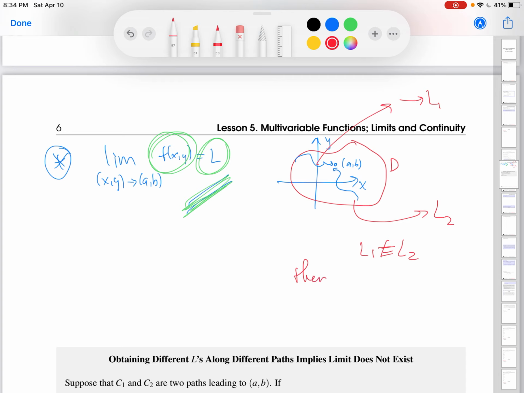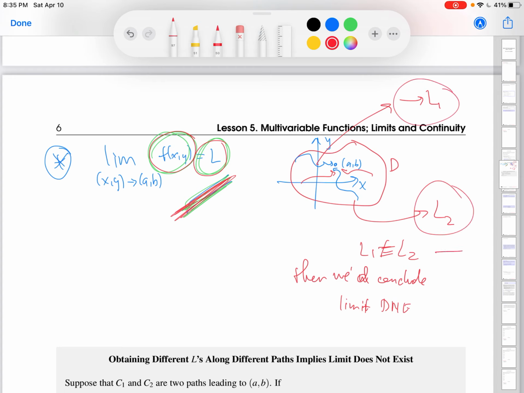Then we'd conclude that the limit does not exist. Because again, this is a very strong condition. It says along every single path, the z values have to tend to L. So if I find even two paths along which the z values don't tend to the same number, then I know that the limit doesn't exist.